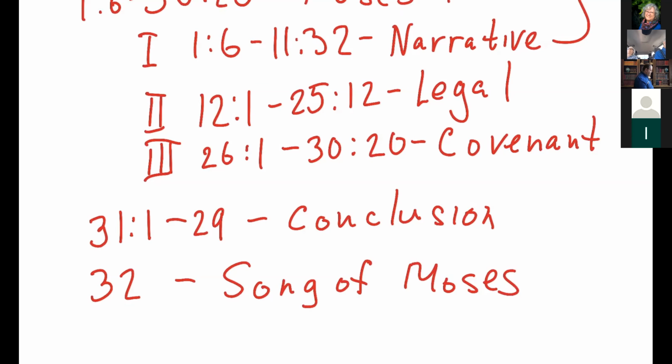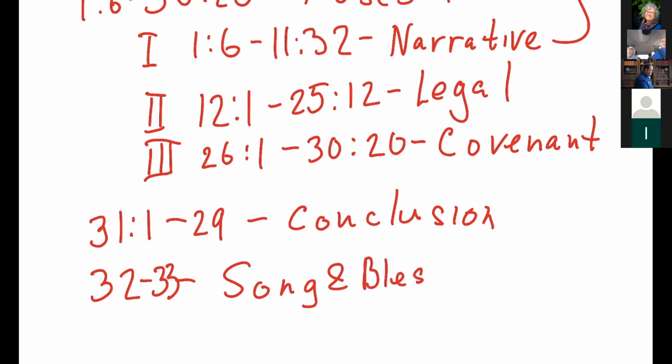And 32 and 33, song and blessing of Moses.